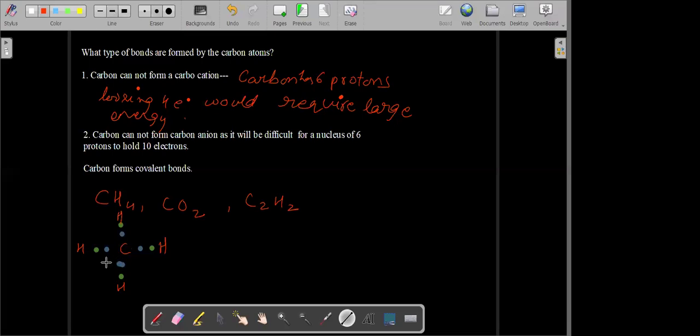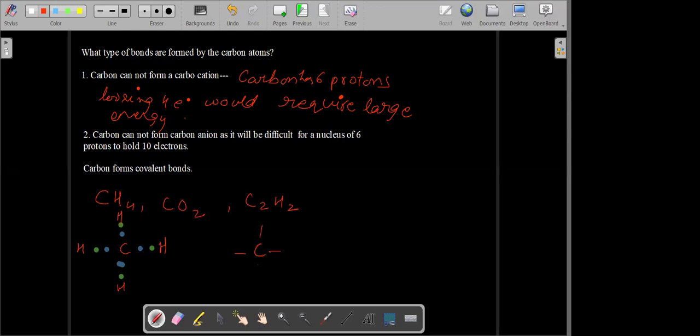So you can see carbon sharing 4 electrons and hence taking the benefit of 4 more electrons, one from each of the hydrogen atoms, giving rise to the formation of methane. So you will have carbon bonded with the hydrogens like this.